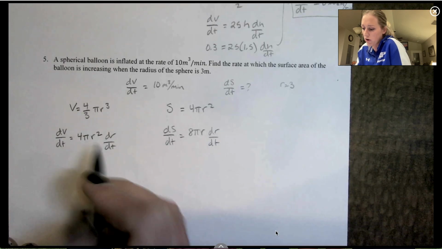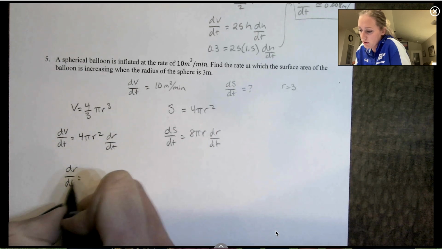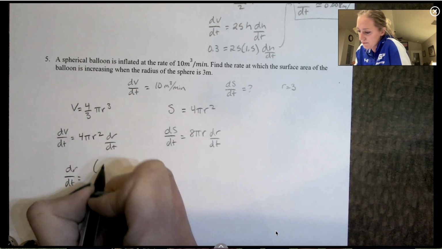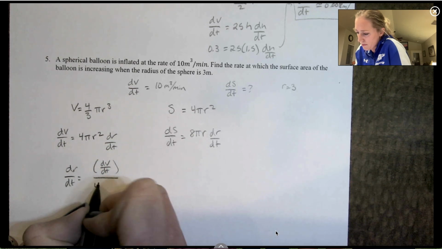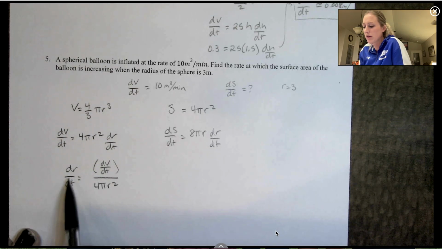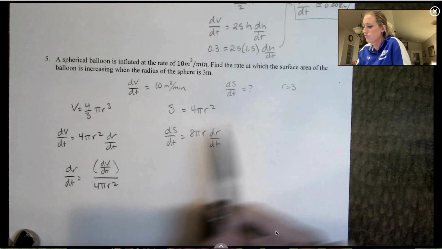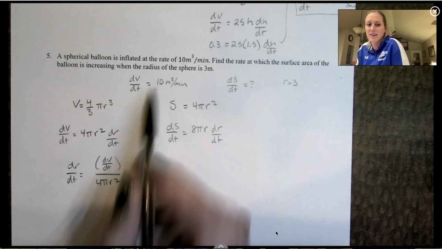I'm going to go ahead and solve this one for dr/dt. So I'm going to divide both sides by 4 pi r squared. Why would I do that? Because dr/dt is also in this equation, but this one I can put in the rate that I have in terms of volume.